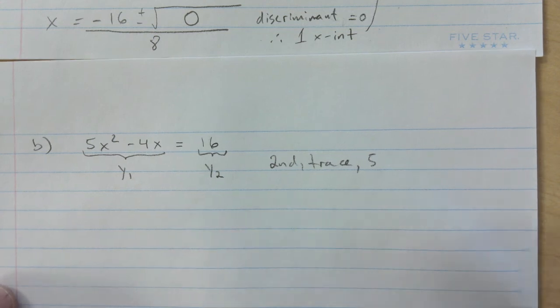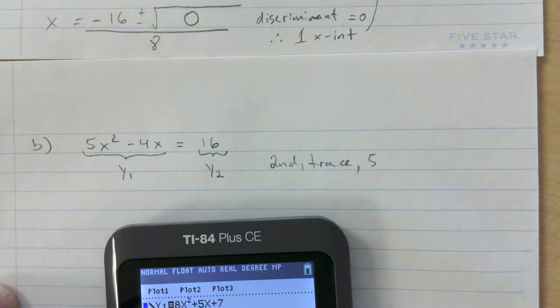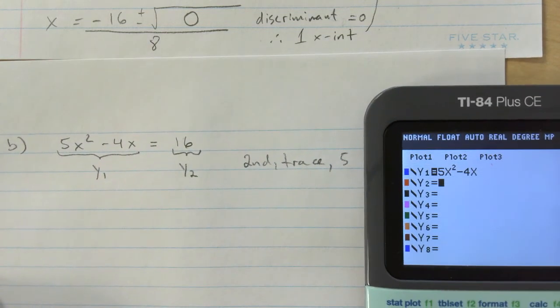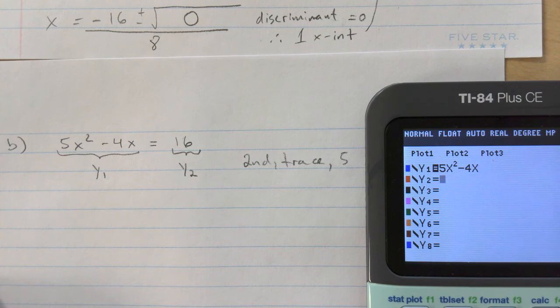Let's see if these lines will cross. So we type in 5x squared minus 4x. Okay. And into y2, you just type in 16, which we know is going to be a horizontal line.